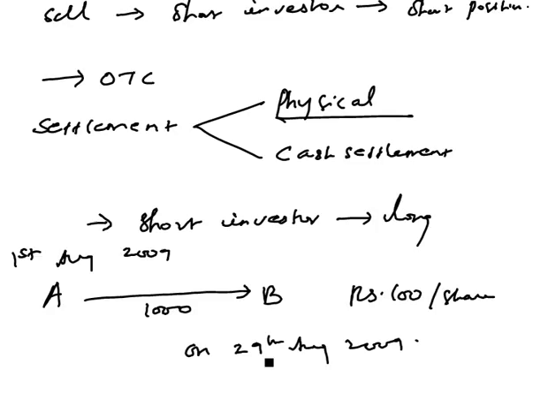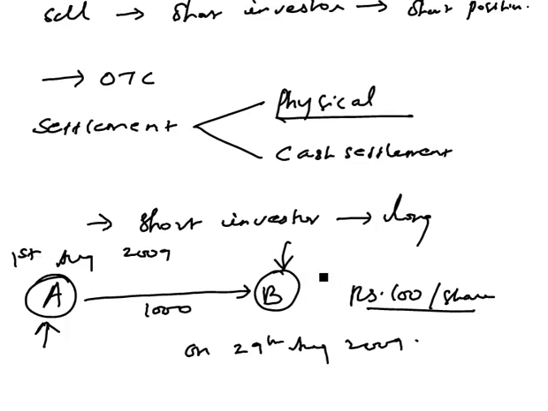That is the expiry date, and this is the forward price. In this contract, A has committed to sell 1000 stocks of Ultratech at rupees 100 per share on 29th August as a short position because he is trying to sell. But the one who is going to buy on 29th August 2009 has a long position.